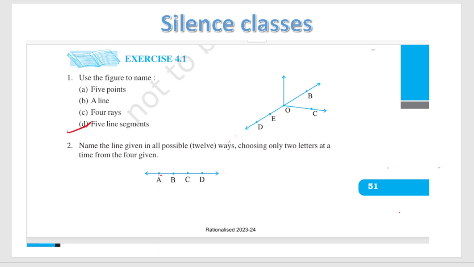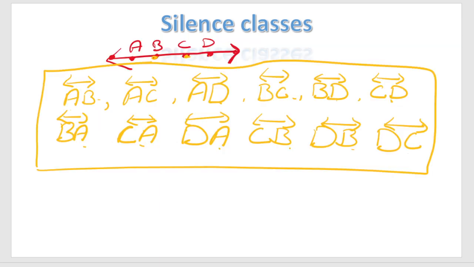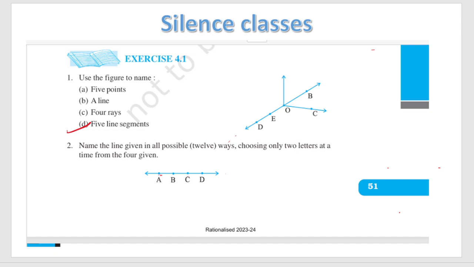It is not written that we cannot use the letters twice, so we can do it. AB is a line, so BA is also a line. AC is a line, so CA is also a line. If AD is a line, then DA is also a line. I hope you guys understood.